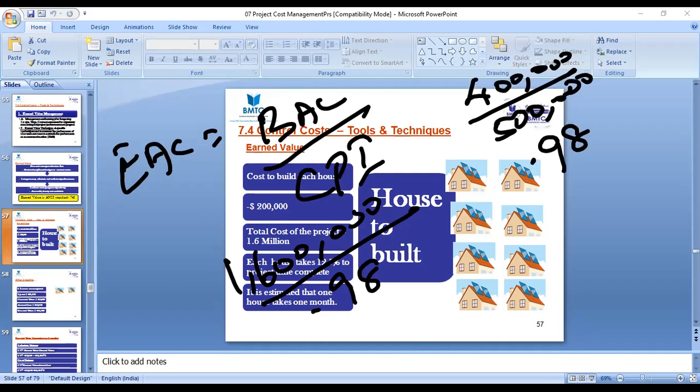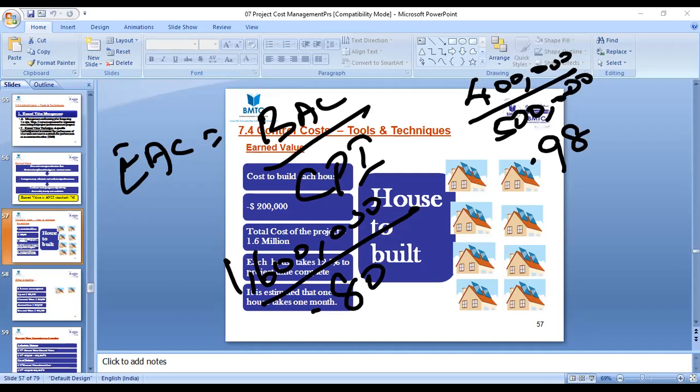No, Bala, 0.8. 0.80, right? I said 0.8. Okay, 0.80. So what is your new estimated completion? 1.6 million divided by 0.80. 2 million.